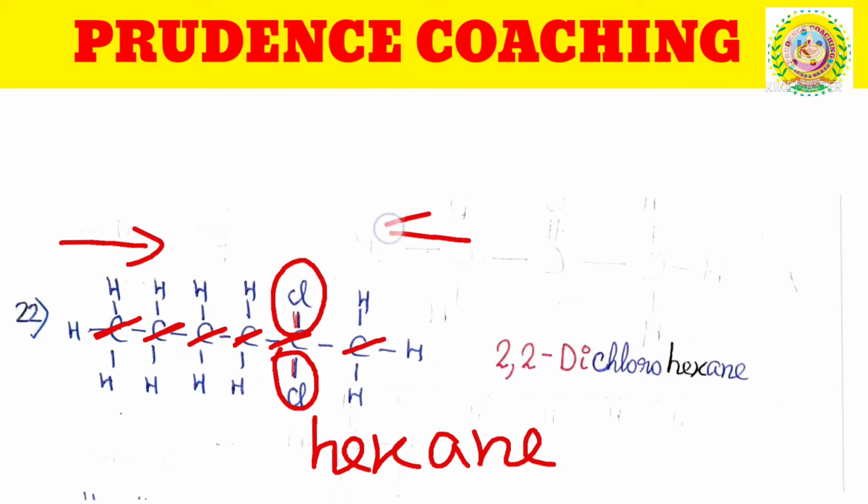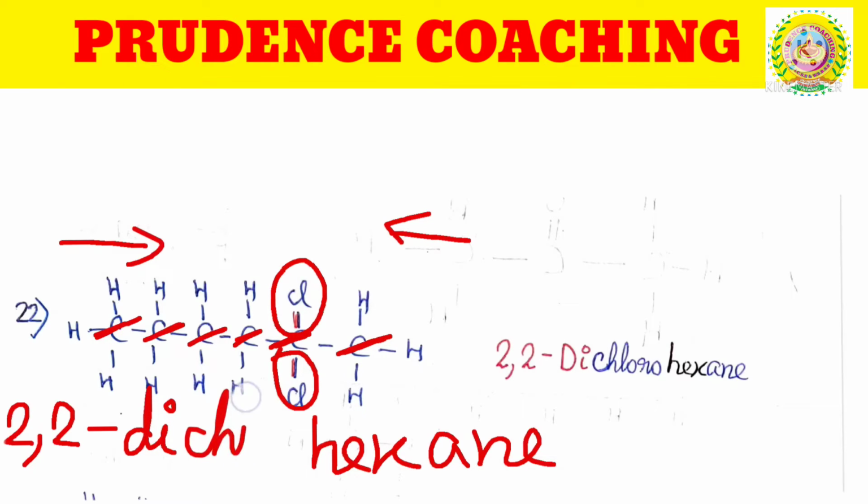If I count from this side, you will get the position of carbon as 2. You need to consider the shortest position, so we will take 2 into consideration. We have 2 chlorine, so 2, 2. So in between numbers always give a comma, then give a hyphen. Now here we have 2 chlorine, so you need to write di first, that is di for 2, and you will write chloro, as it is the halogen.